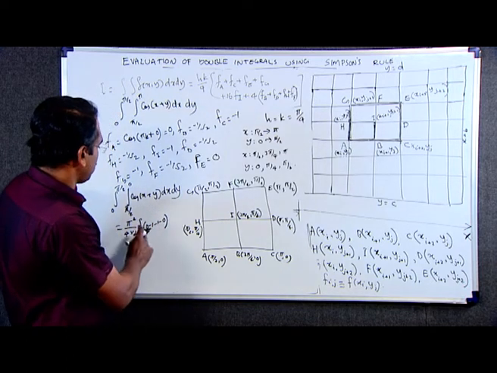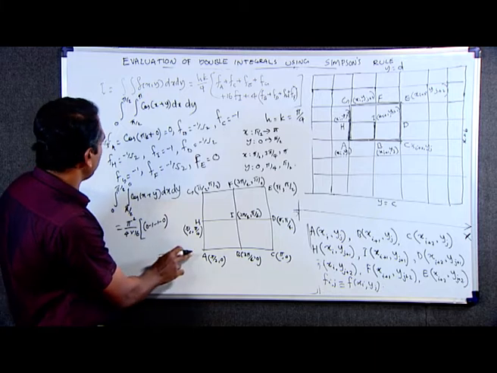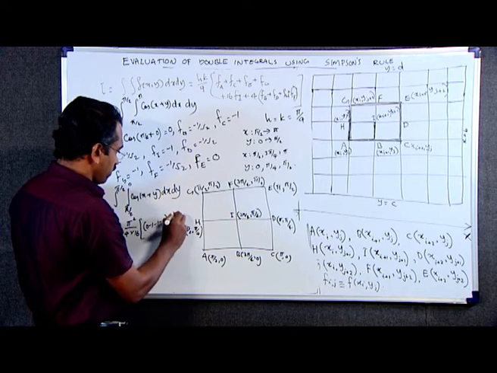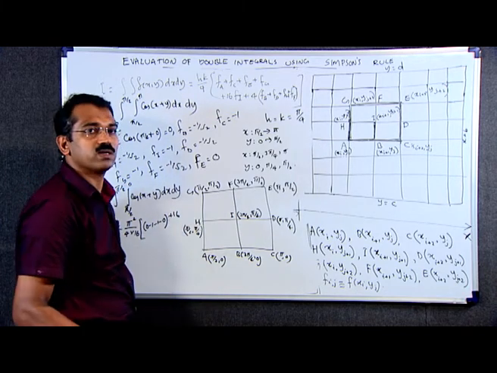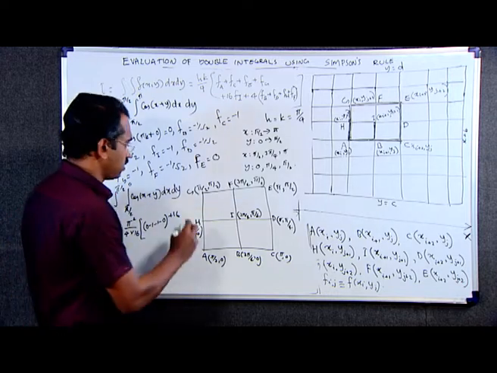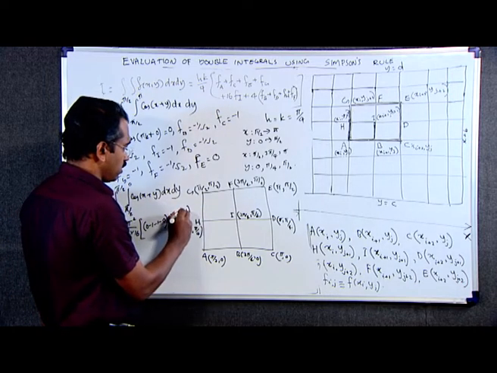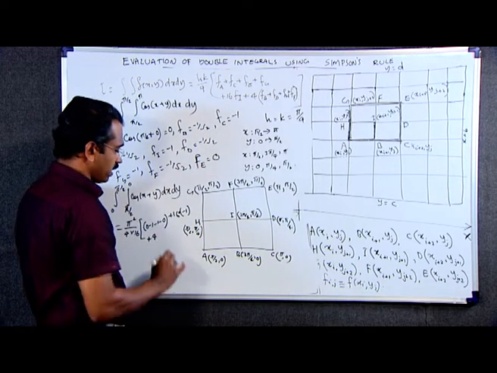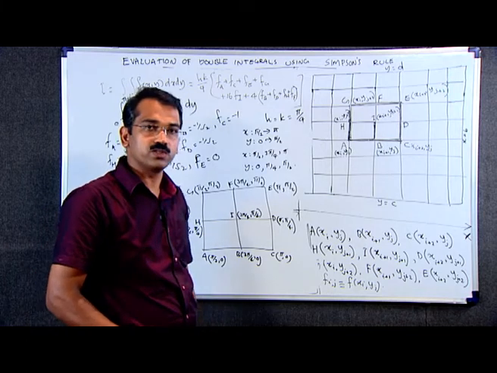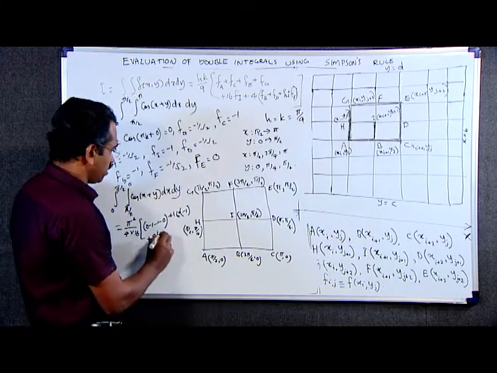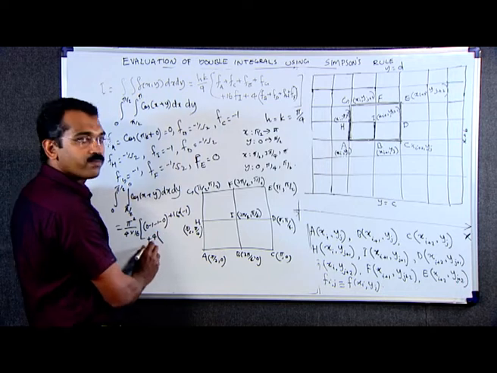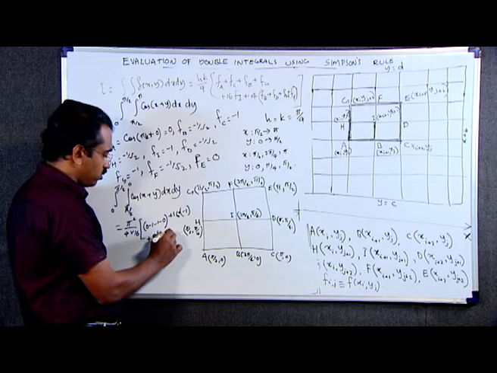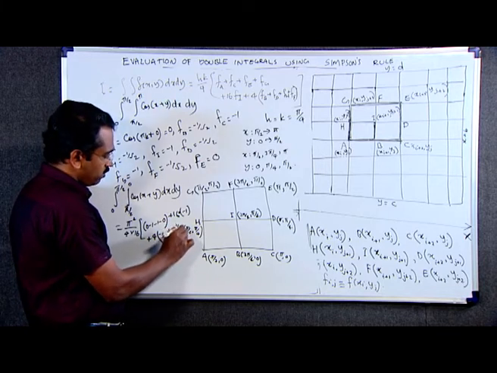which are the sum of values of f at the corner points, plus 16 into the value of the function at the center point I, which is minus 1, 16 into minus 1, plus 4 into the value of the function f of x y at the remaining points, which are all minus 1 by root 2.